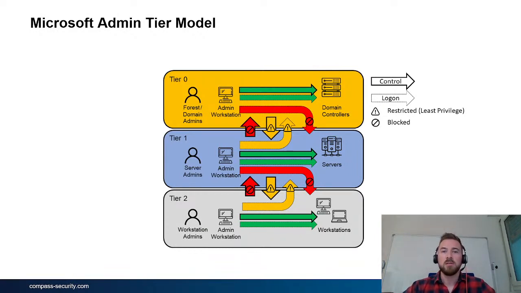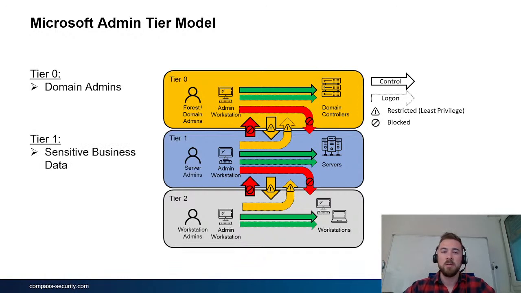The idea is that you split your environment into 3 different tiers. In tier 0, you have your domain admins and your domain controllers, or all the critical systems containing the credentials to your kingdom. In tier 1, you have your sensitive business data, for example your database servers or your application servers. And in tier 2, you have your end users and the workstations.